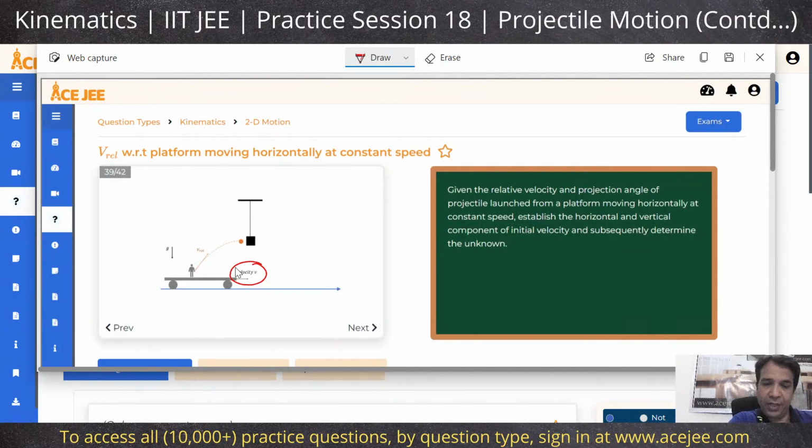And then you might be given the relative velocity and the relative projection angle as seen by the observer on the platform. So the man on the platform releases the ball at an angle of 30 degrees with a velocity of 5 meters per second, right?